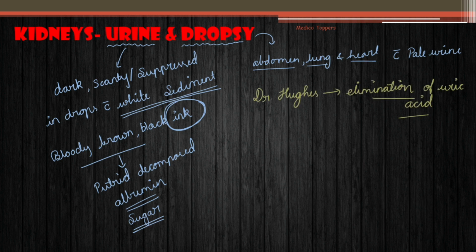Even Dr. Hughes mentioned that colchicum helps in the elimination of uric acid, leading to the recovery of gout complaints. So whenever uncle is suffering from any gout-like symptoms, you can think about colchicum, and side by side you can think about benzoic acid and other uric acid diathesis remedies like Thalassophilus. Then you can think about Bryonia. That will be going good.